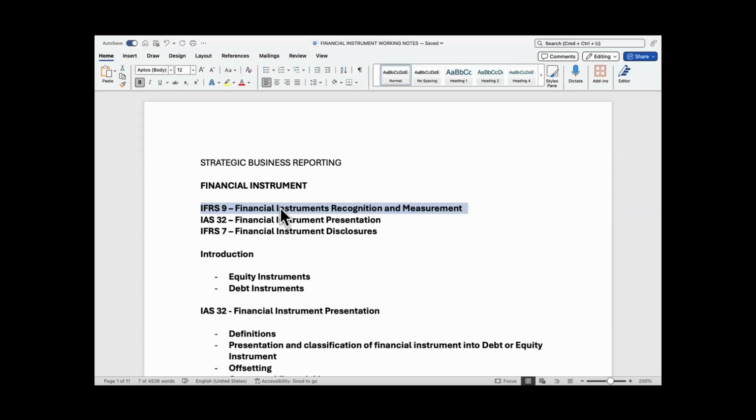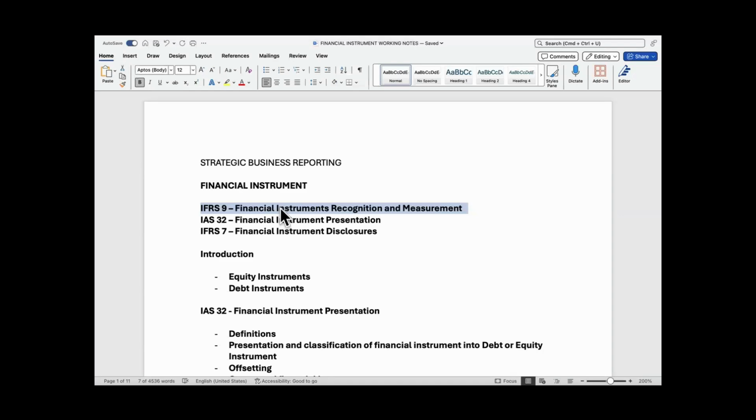Then I showed you how to calculate amortized cost. I showed you a scenario that's very straightforward where you invested in a debt instrument and you're supposed to collect 5% interest per annum for 3 years.